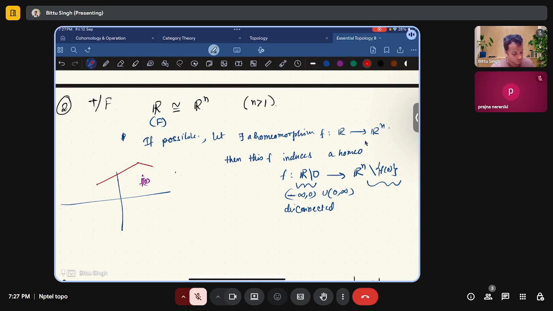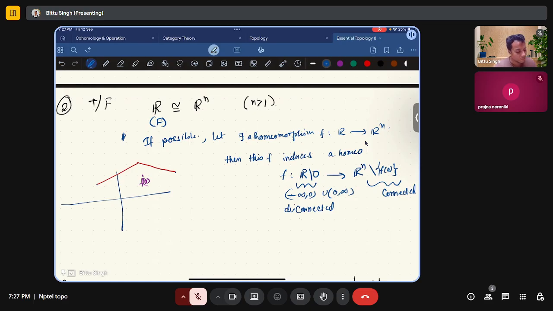So this will be path connected, and in particular, path connected means it will also be connected.